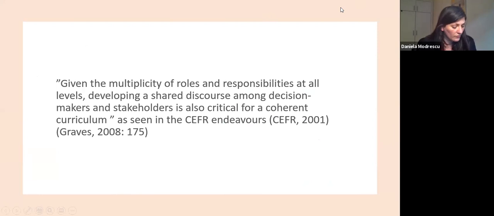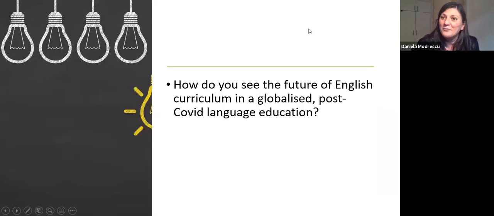And given the role of the language itself, it is paramount to consider as many real life, real world aspects as possible when we develop an English language curriculum or course. And with that, I would like to hear your ideas on how you see the future of English curriculum in a globalized, post-COVID language education.